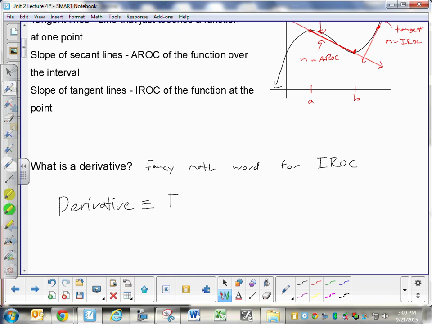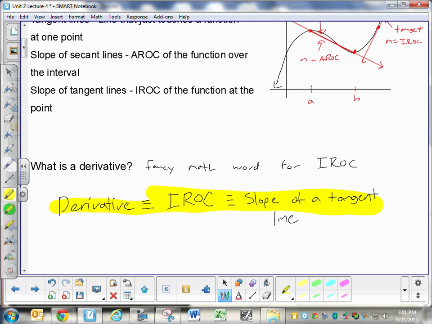I'll use three lines for equivalency. Super important. And we'll forget about it, but I'll remind you frequently. Okay, so that's what a derivative is.